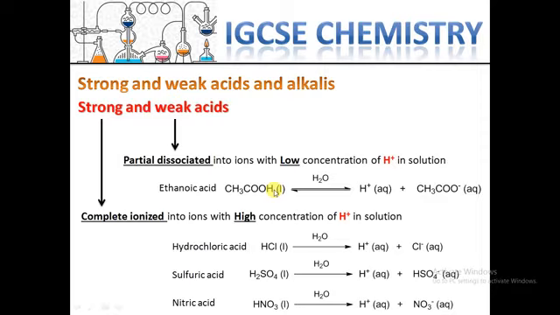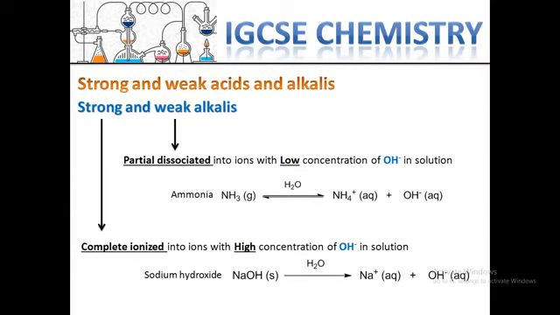But a strong acid ionizes almost completely. They produce a high concentration of the hydrogen, but weak acids produce a low concentration. That means not all of your acid will be separated into cation and anion.